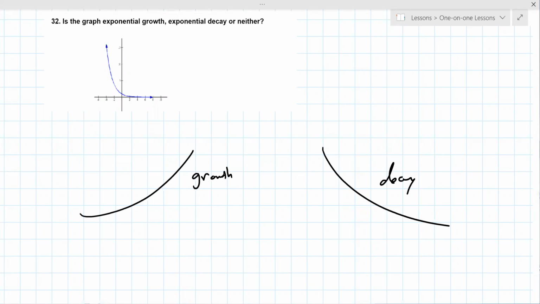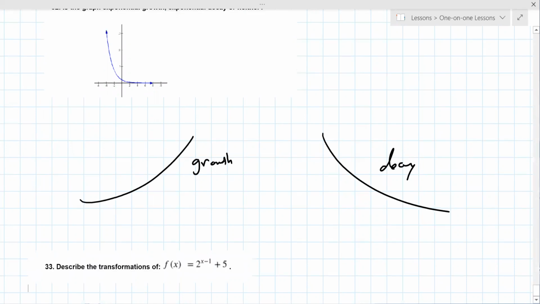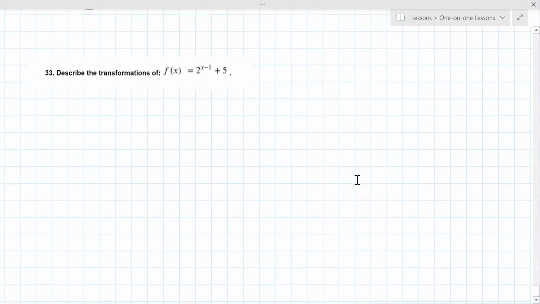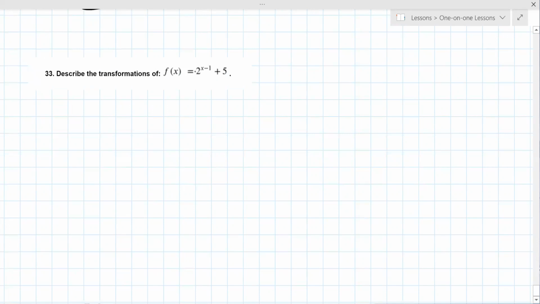Left one, up 5, multiplied by a factor of 2. What you said would be true if there was another 2 out in front, but the parent function is 2 to the x. So like you said, it's right 1 and then up 5. All right, good.